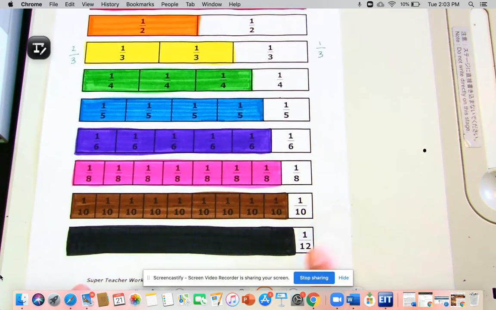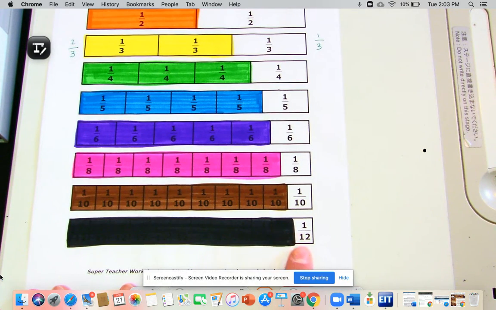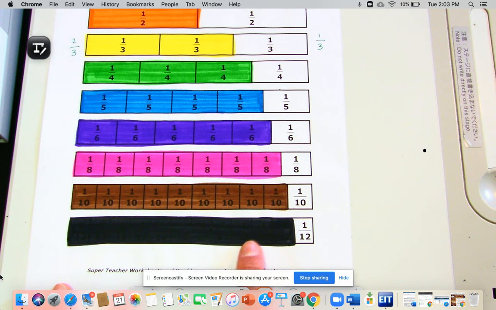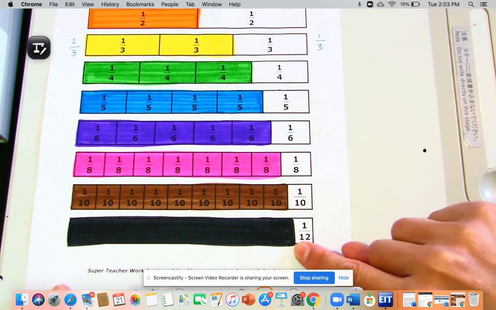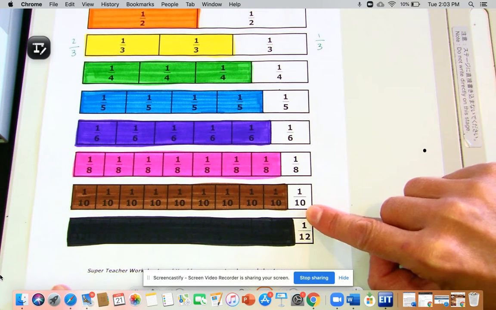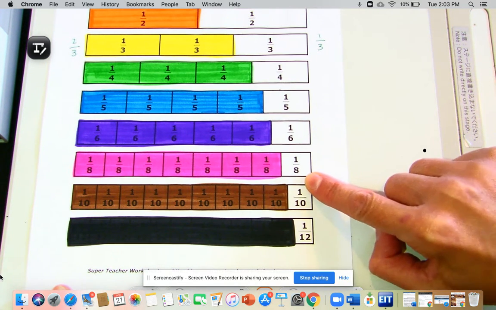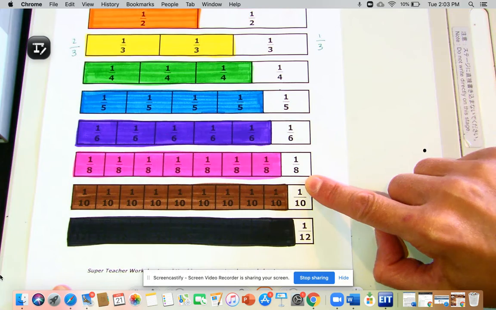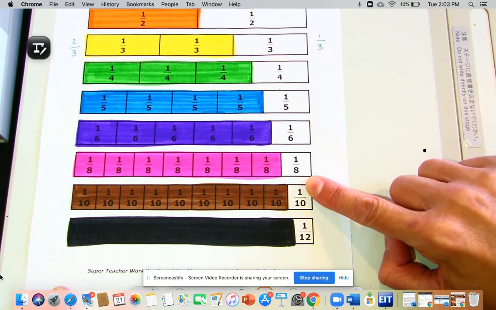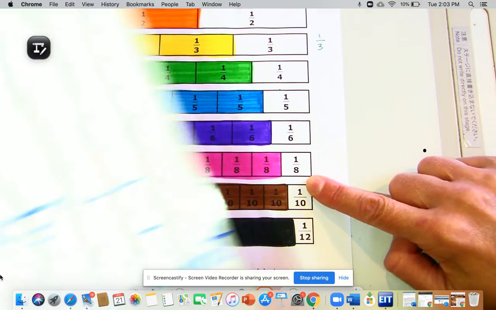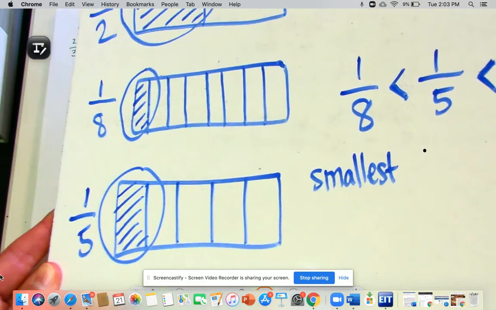So this one's kind of hard to tell because I colored it black, but there are 12 of these little chunks. And so this is 1/12. Look at how small that is. 1/10 is a little bit bigger. 1/8 would look like that. Ooh, and the ones we were just comparing on our whiteboard, remember we did 1/5 and 1/8.